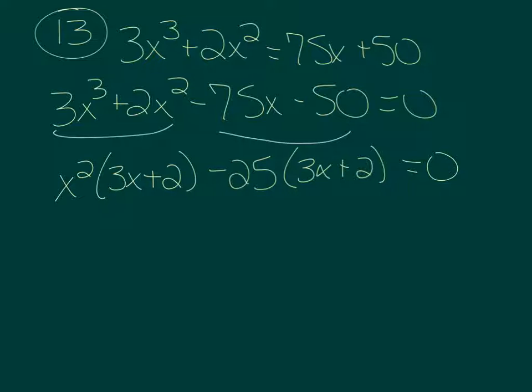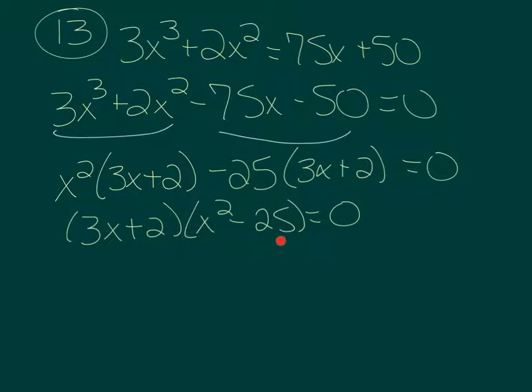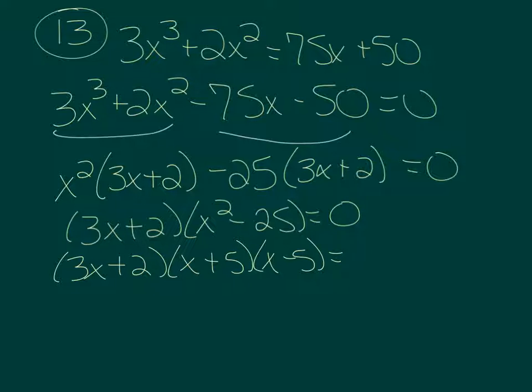So, remember factoring by grouping, you factor twice. Now I have a 3x plus 2 common to both. And then this one, I look and I see a difference of squares. That will factor again into x plus 5 and x minus 5.